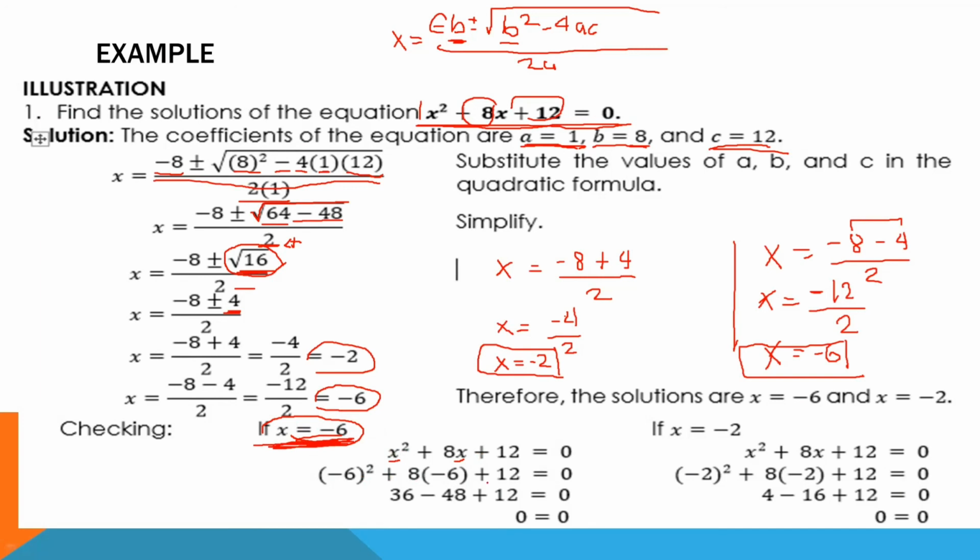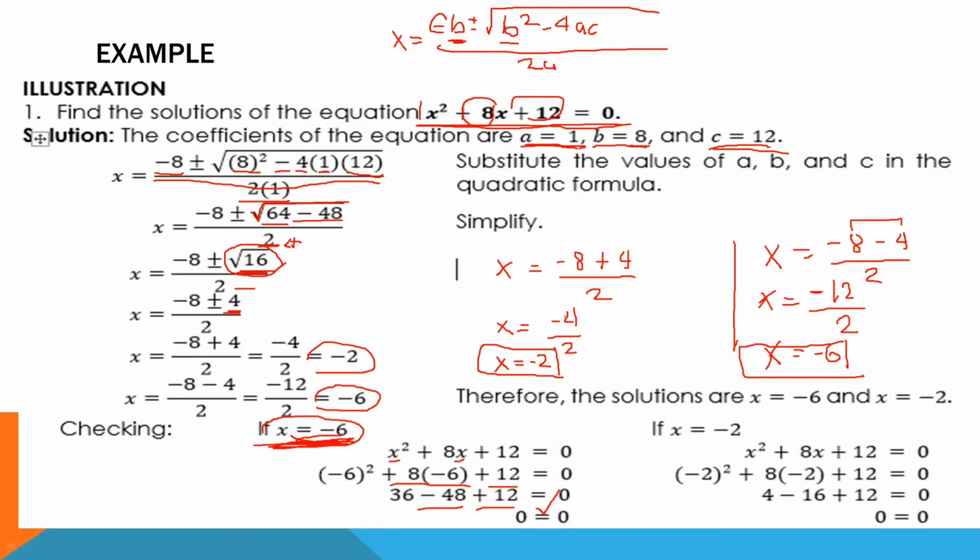Then, 36, because negative 6 squared is equal to 36, and then positive 8 times negative 6 is equal to negative 48, plus 12. Then, simplify. 36 minus 48 is equal to negative 12, and negative 12 plus 12 is equal to 0. Therefore, the value of x, which is negative 6, is correct.